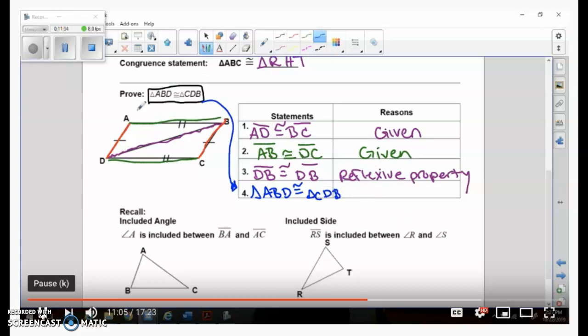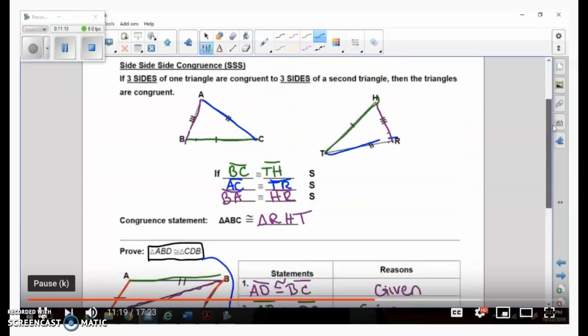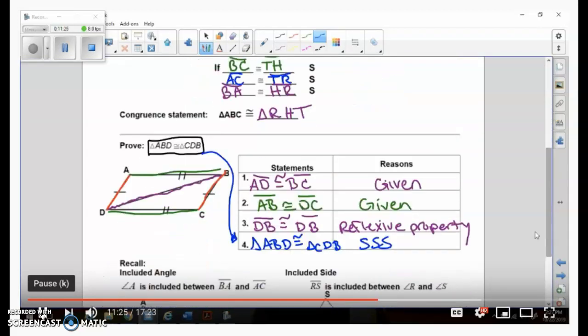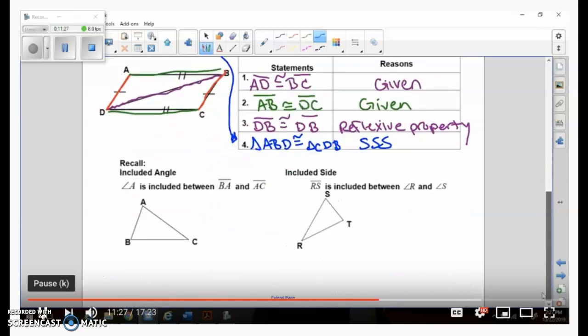And that is from side, side, side. We've named three sides of each triangle that are congruent to the other side. So side, side, side. And that's all you have to put. There, you did your first proof. Wasn't that easy? It gets a little harder, but not that much harder.